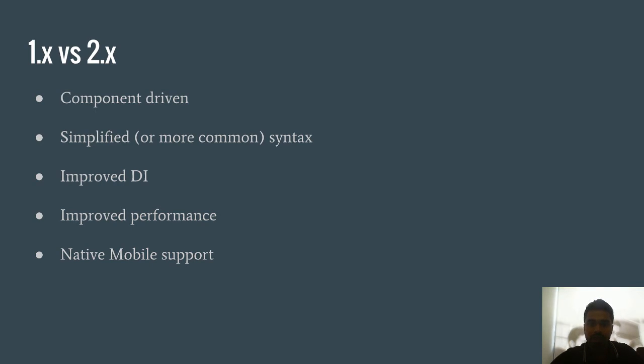So we can use them when we want rather than having the whole core module with us. And Angular 2 also has a simplified or more common syntax, and it has an improved dependency injection in place. And Angular 2.0 also has improved performance by using techniques like ahead of time compilation.